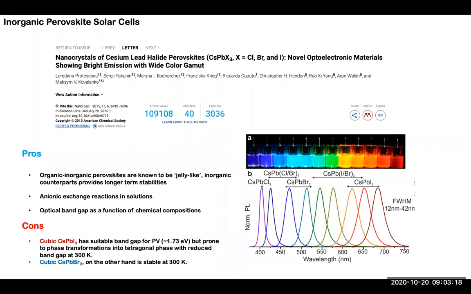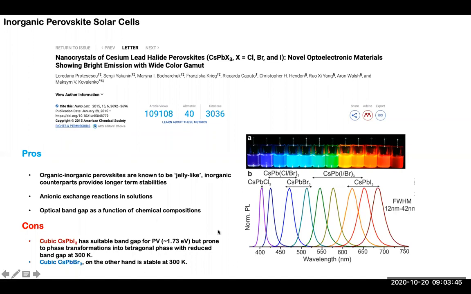However, at 300 K, this cubic structure is not very stable and is transformable to a tetragonal phase with a reduced band gap. So even though you'll be able to synthesize a cubic phase material, it might phase transform over time, and you no longer have the same thing when you put it into a device. So that's something not so desirable from an application perspective.